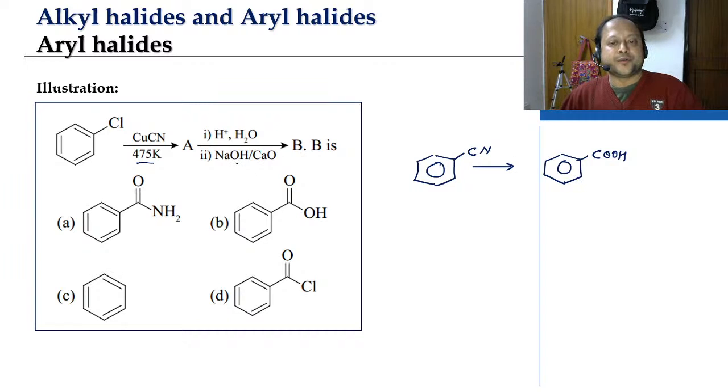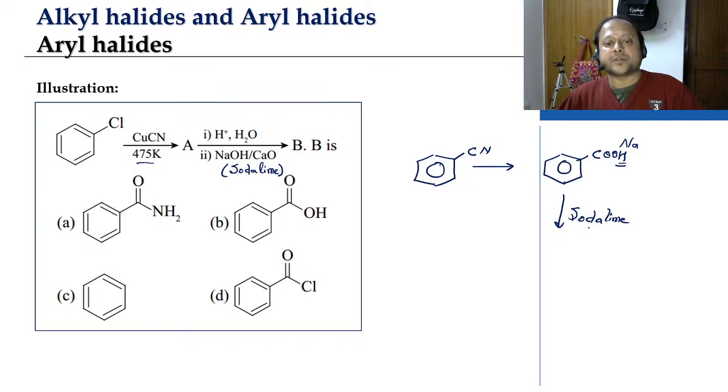Now if you use this mixture, sodium hydroxide with calcium oxide, this is called soda lime. Soda lime is used for the step down reaction. The presence of sodium hydroxide will remove this hydrogen and make the sodium salt, that is sodium benzoate.